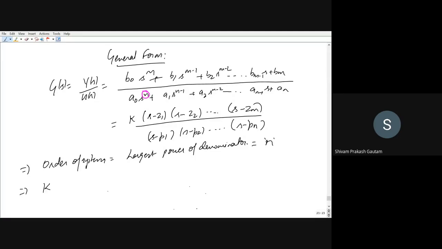K is called as system gain. This K, which I have represented here, if you can arrange the transfer function in this pole and zero format, then whatever factor is left outside the bracket is called as system gain. K is called as system gain or gain factor.